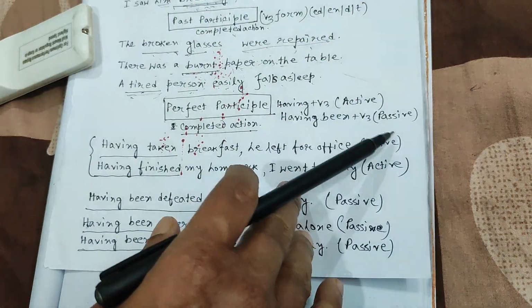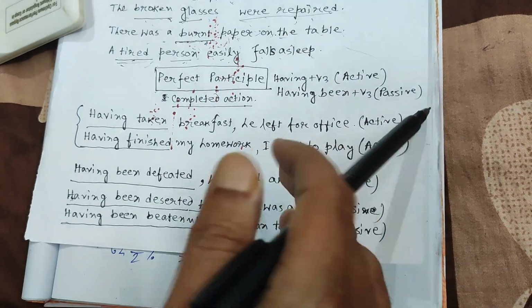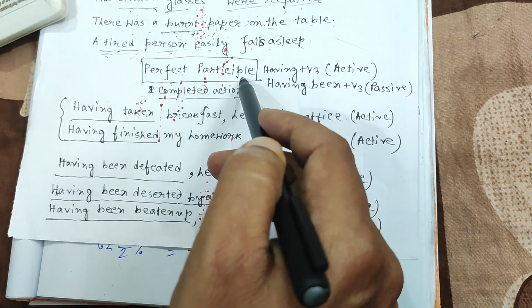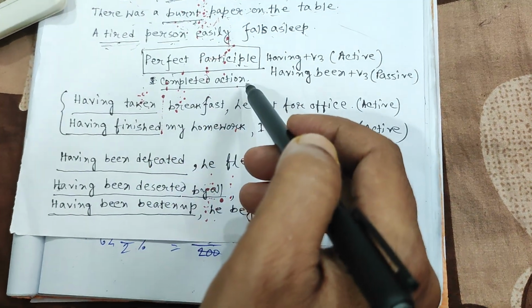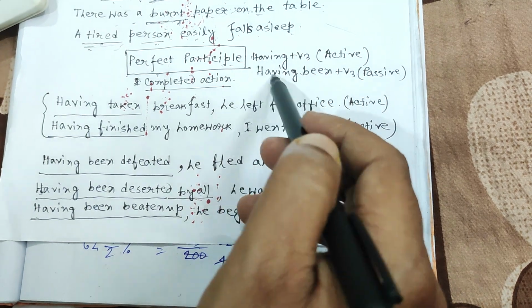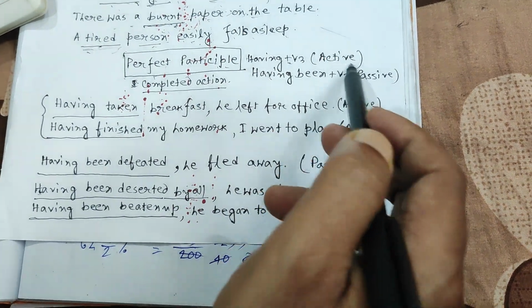Now let us come to the last part of participle, that is the perfect participle, participle in perfect tense. It has two forms, active and passive.